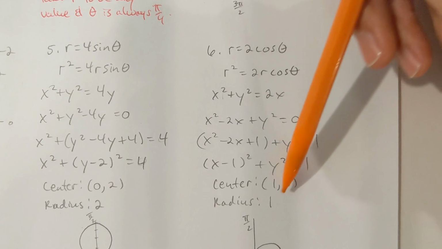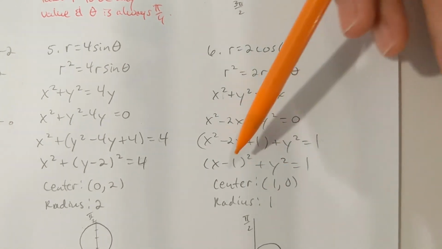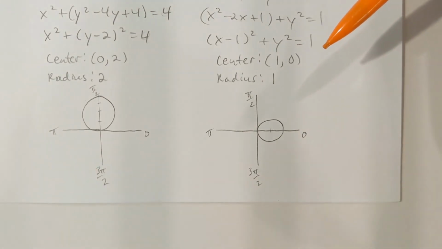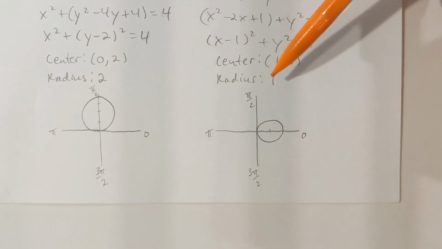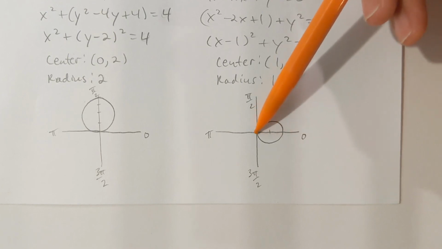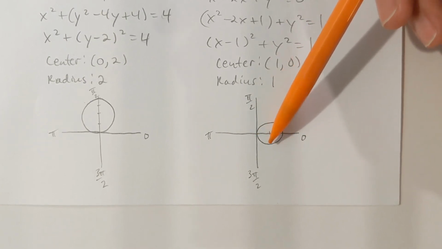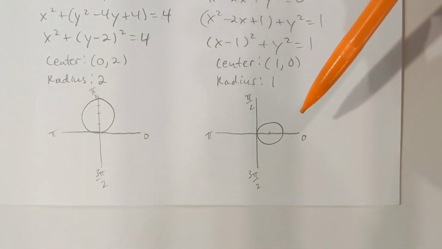The radius of the circle is 1. The center point is located at (1, 0). h is 1, k is 0. So I can then draw this circle. The center point is at (1, 0), and then use the radius, which is 1. Okay, so go 1 unit to the right, 1 unit to the left, 1 unit above, and then 1 unit below the center to gather up 4 points and then draw that circle.